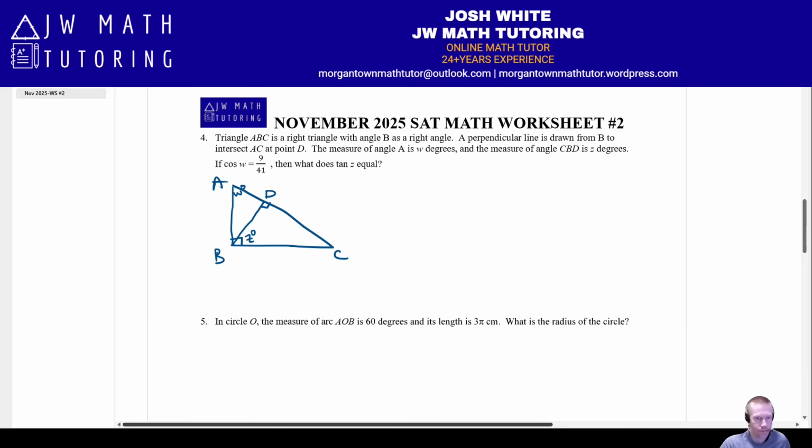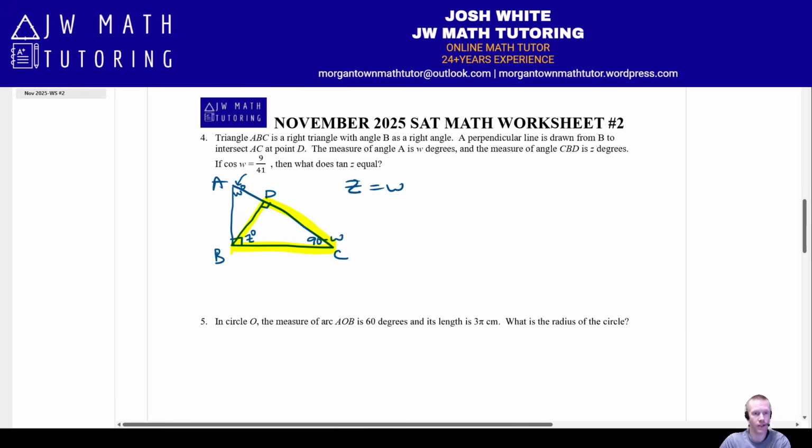If you notice a couple things here, this angle right here is W, some number. We're going to find it in a second, but angle A is W. Angle C is 90 minus angle A, so this is 90 minus W, whatever W is. However, if you look at the small triangle right here, notice that angle Z is 90 minus this number, which means Z is really equal to W in this picture.